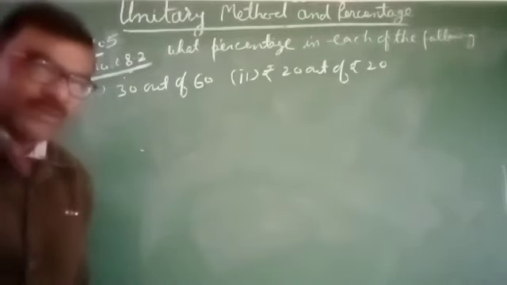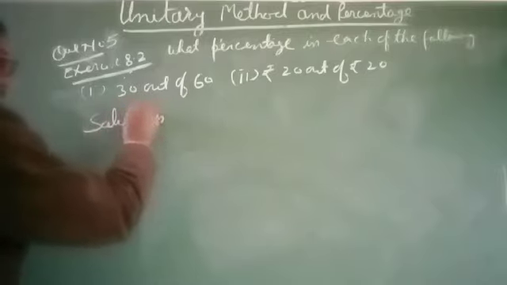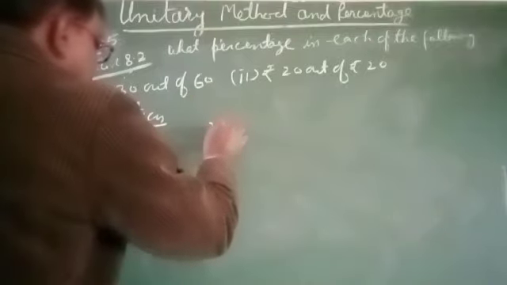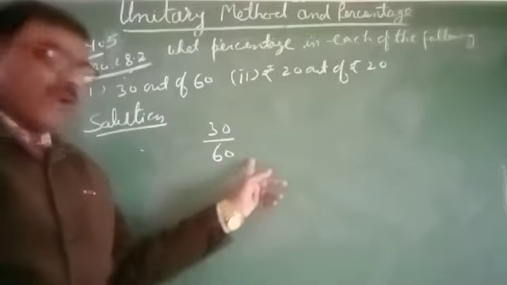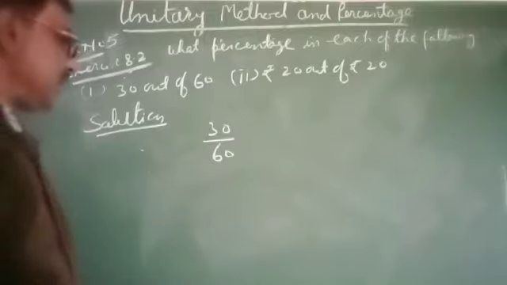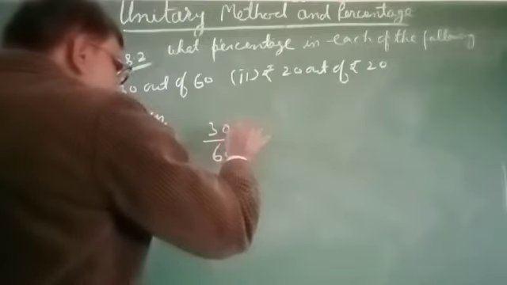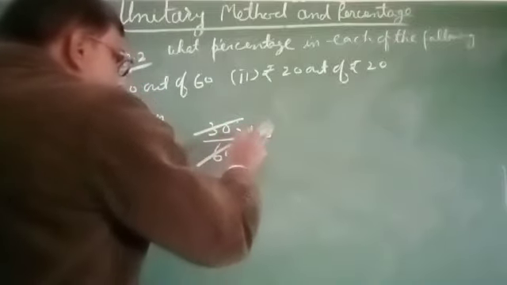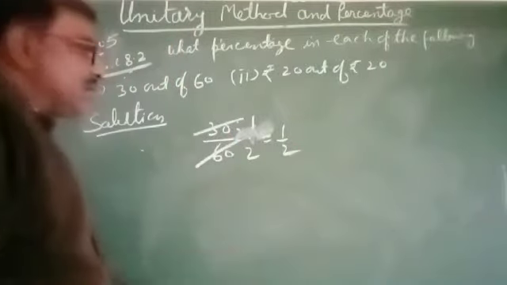Solution of the first. 30 out of 60 is 30 by 60. This is in the form of a fraction, and we have to convert it into percentage. 30 by 60 equals 1 by 2.